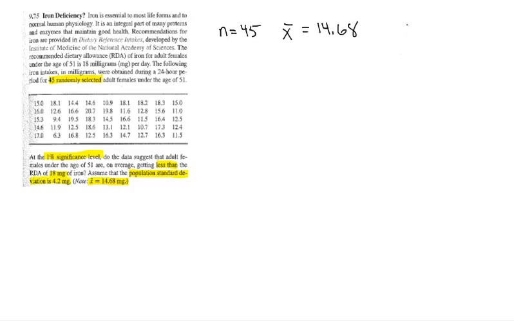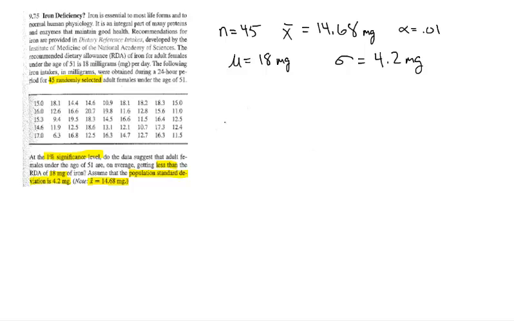Our significance level is equal to 0.01. Mu is equal to 18 milligrams. And then we're also going to need our sigma, our standard deviation, which was 4.2 milligrams.